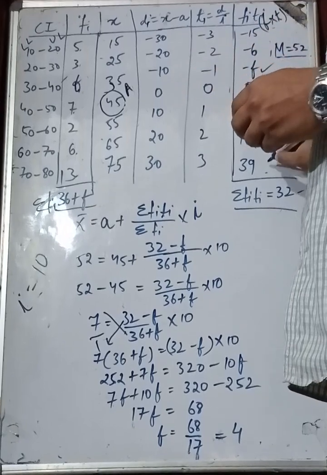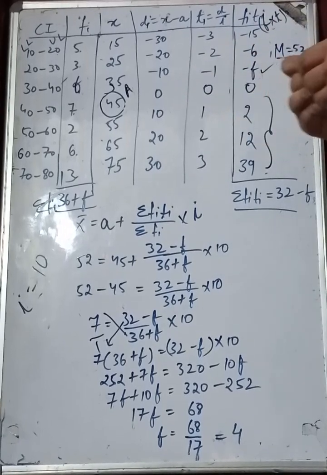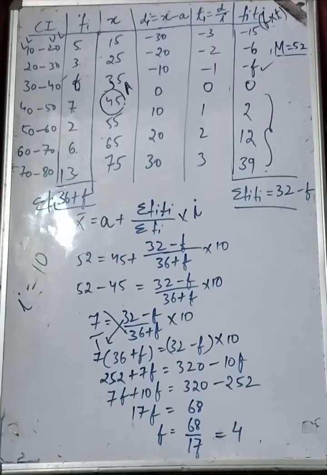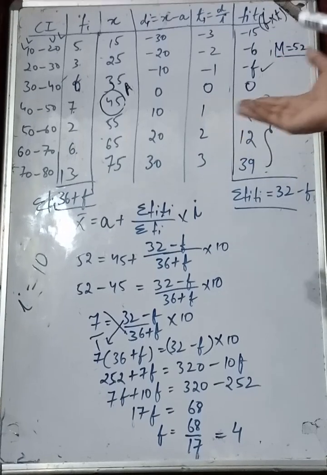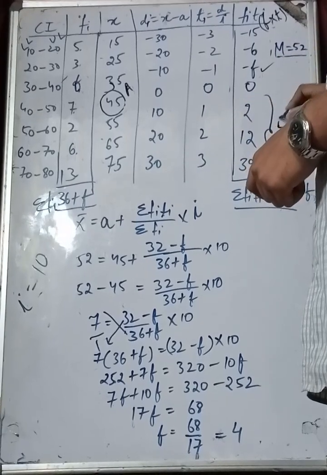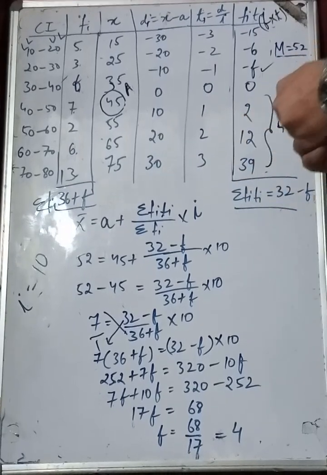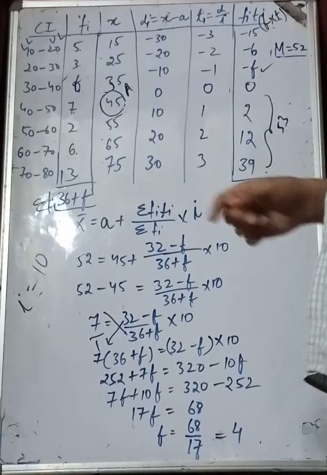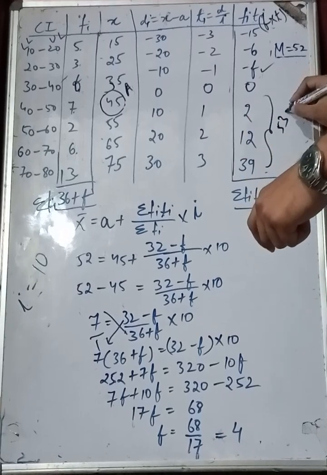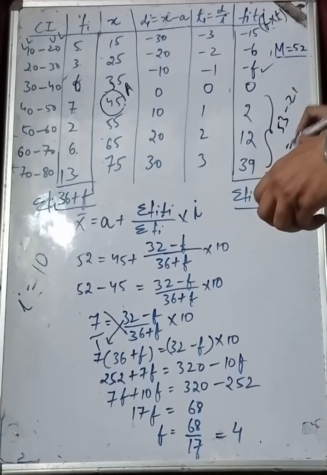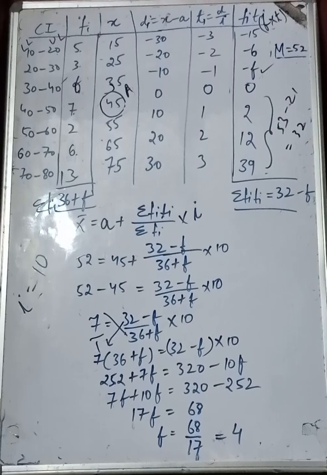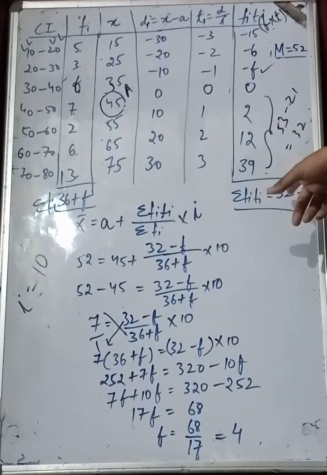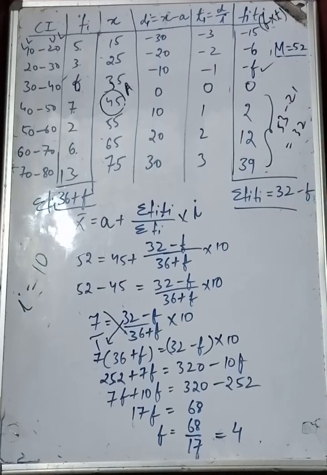First add the positive ones: 39 plus 12 plus 2. 39 plus 12 is 51, 51 plus 2 is 53. Now solve the negative integers: minus 15 minus 6 is minus 21. Subtract from 53, which gives 32. And minus f is copied as it is. So summation fi ti is 32 minus f.